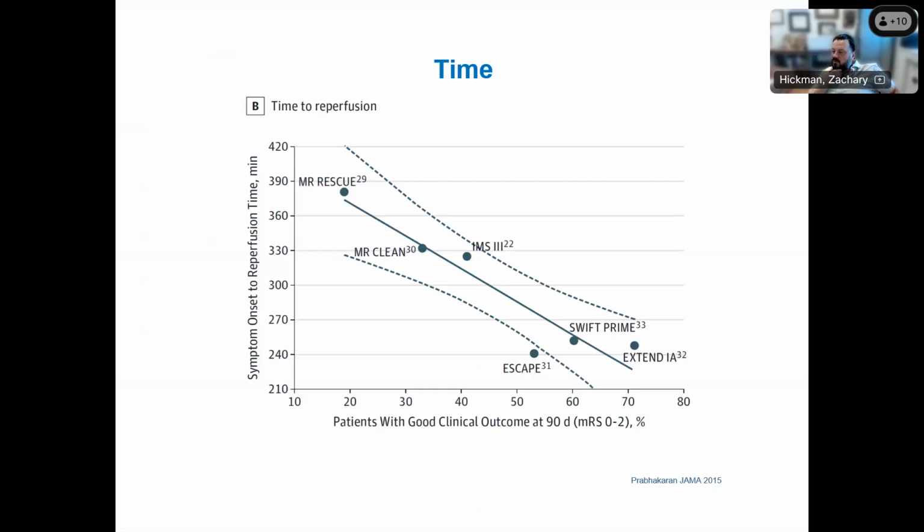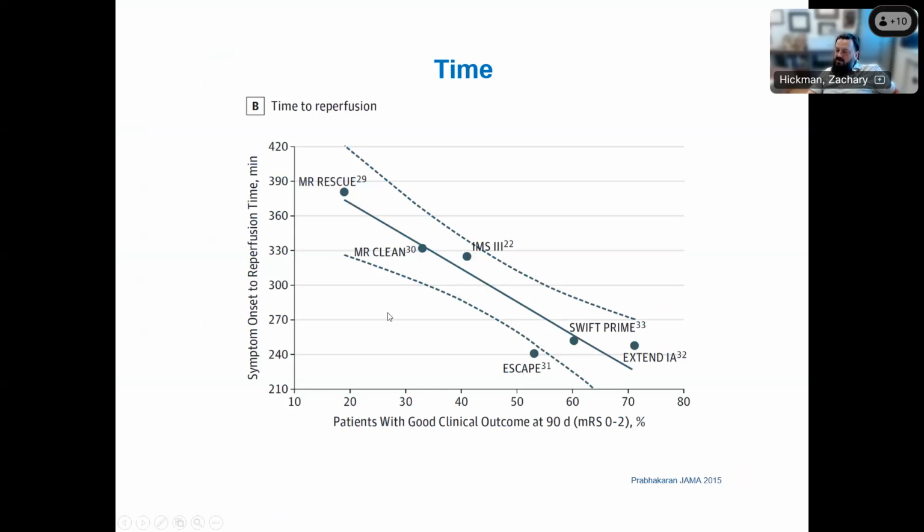As we've done more and more of these trials, the time has steadily marched downwards in terms of what is acceptable in the trial, as technology and workflows have gotten better. The older trials allowed a little bit longer symptom onset to reperfusion time, and nowadays you're really trying to get that in under 3 or 4 hours basically.